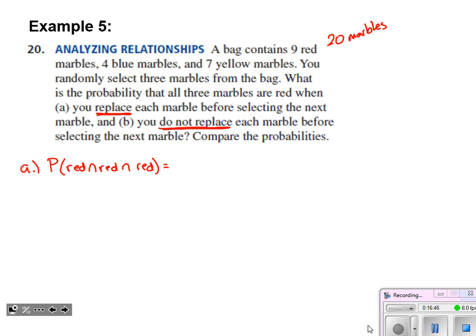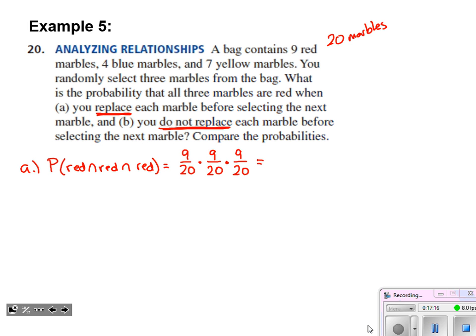So I know 9 of the 20 is my probability that I'm drawing a red first. Then I replace it, and now there are still 9 in the bag. I'm still drawing out of 20. That's my probability of getting another red. And for the third marble, 9 red marbles are still in the bag. We put them back each time, and there's still 20 marbles total.